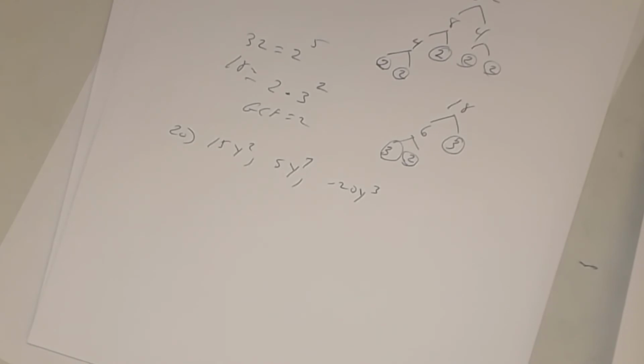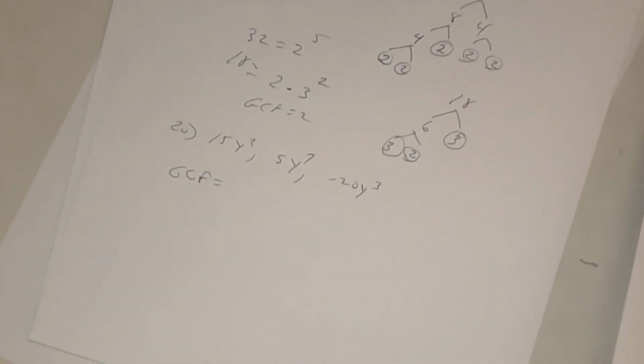Let's do the coefficients first. What's the GCF of those coefficients? 5. Now, one of them is negative, but let's just make it positive unless they tell you to make it negative. Always make the GCF a positive coefficient. So for 15, 5, and negative 20, the largest common factor is 5.